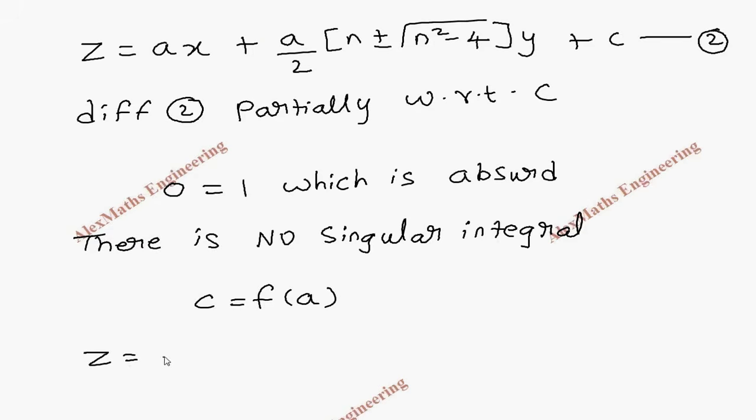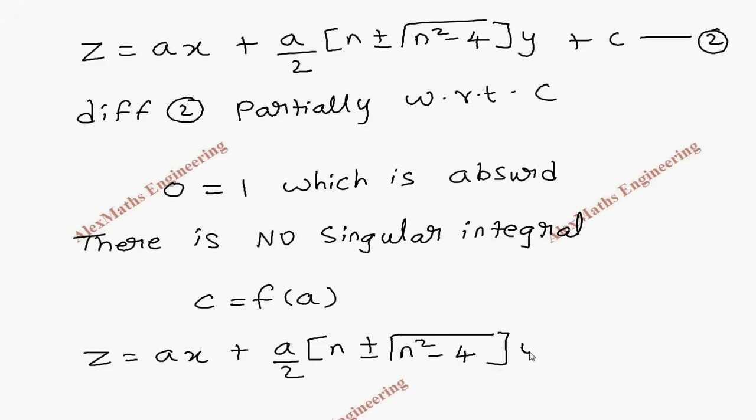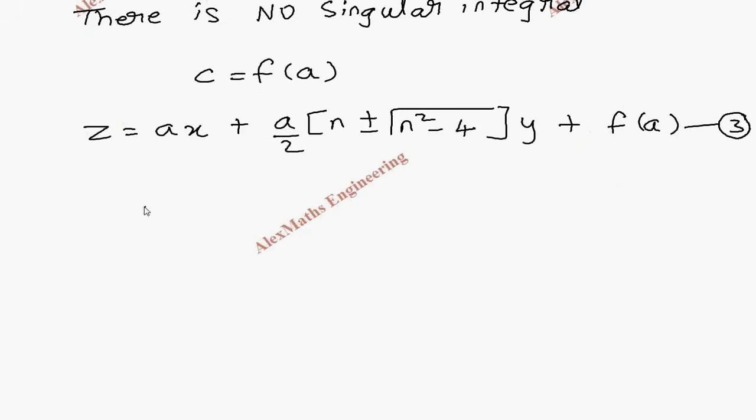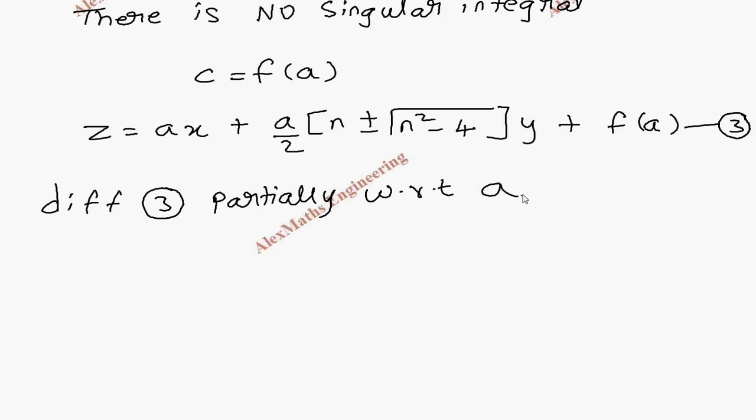So we get z equal to ax plus a by 2 into n plus or minus root n square minus 4 into y plus f of a. Let's keep this as the third expression and we are going to differentiate this third expression partially with respect to the constant a.